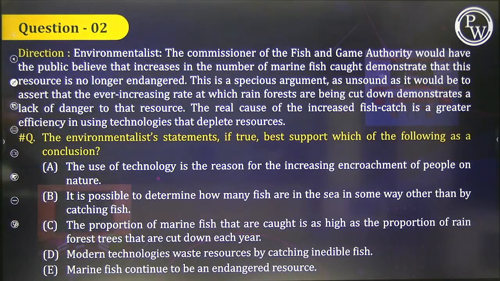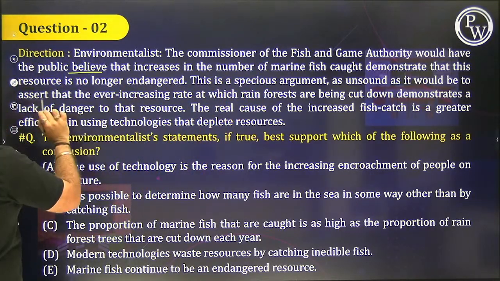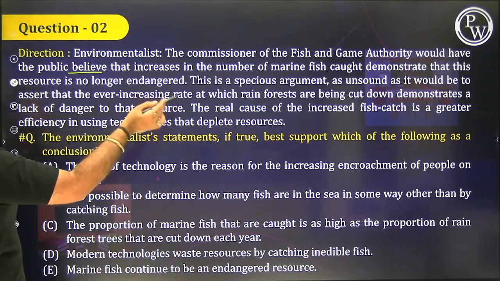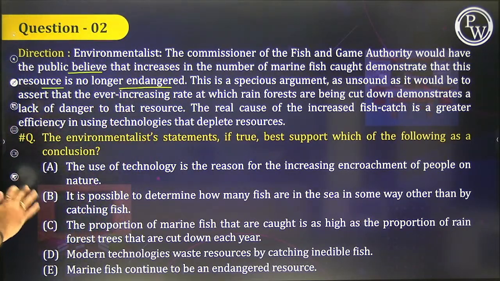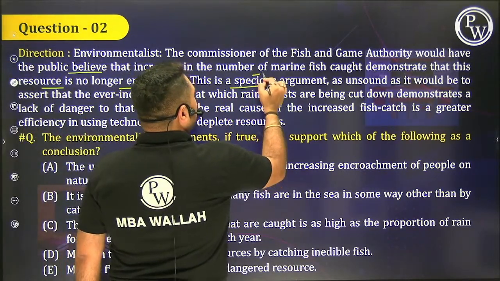Environmentalist: the commissioner of the Fish and Game Authority would have the public believe that increases in the number of marine fish caught demonstrate that this resource is no longer endangered. This is a specious argument. Now this word is negative.